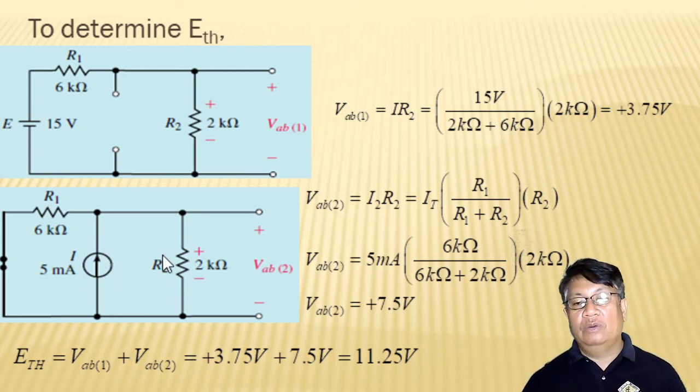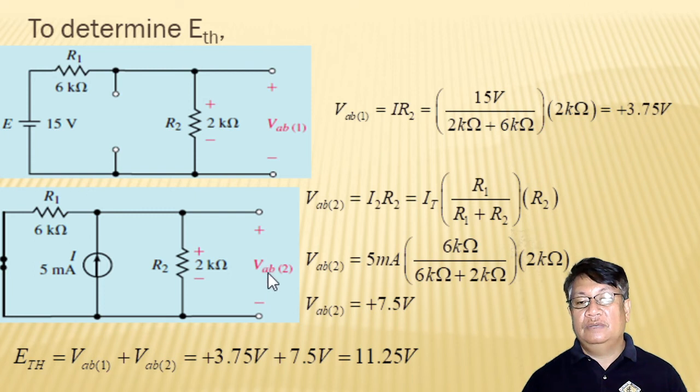As we analyze the circuit, this terminal voltage, V sub EB, we used 2 here because this is the second solution, where we are going to use our current source.